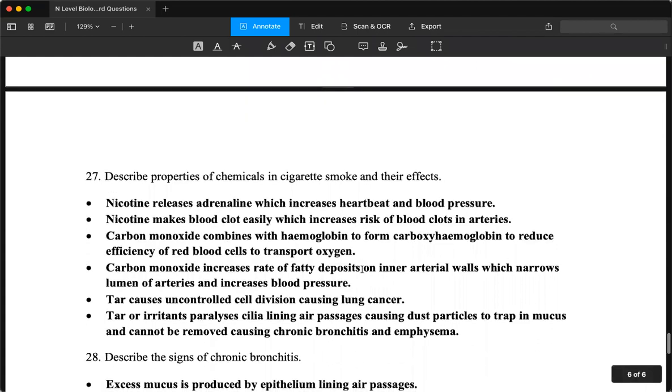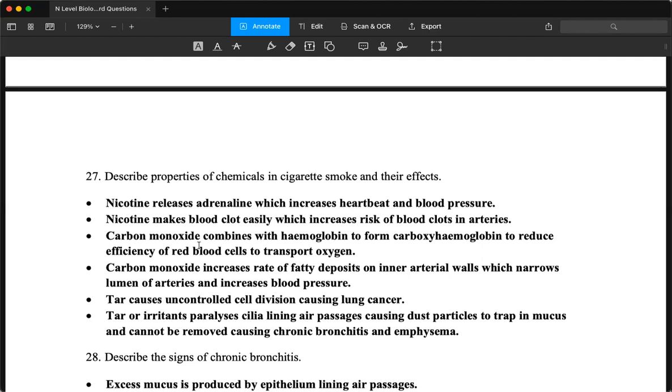As for the properties of chemicals, I will not go through everything, but I have a sense that there will be a question on that this year because it never appeared for the past 2 or 3 years. So do bear in mind the chemicals and what they do. The easiest for students to remember is carbon monoxide because this chemical is also found in the chemistry syllabus.